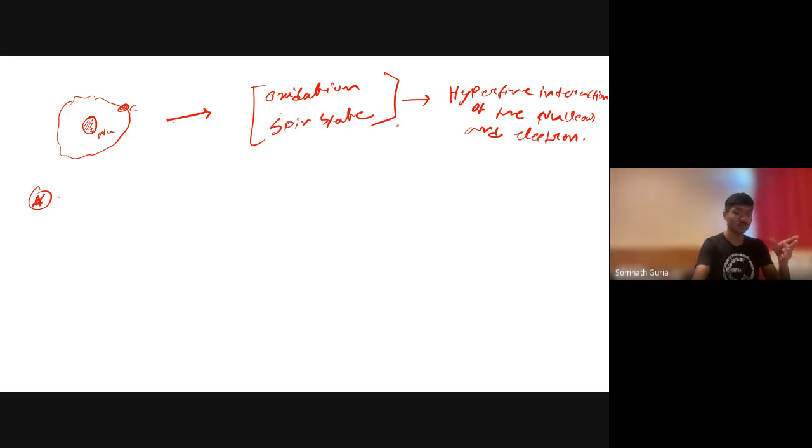So that's why we need a higher energy gamma ray, a higher energy wave. So that's why we require gamma ray to redistribute the nuclear state.